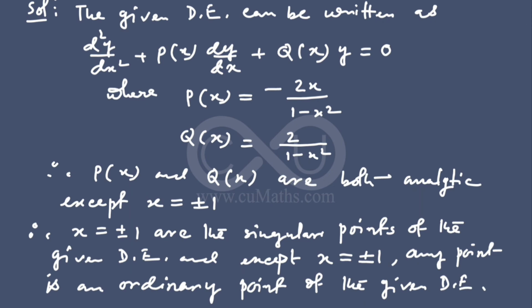For example, x equal to 0 is an ordinary point, x equal to 5 is an ordinary point. Any point is an ordinary point of the given differential equation except x equal to plus minus 1.